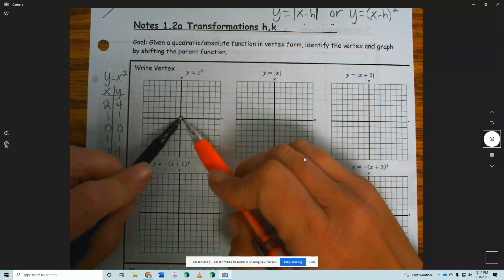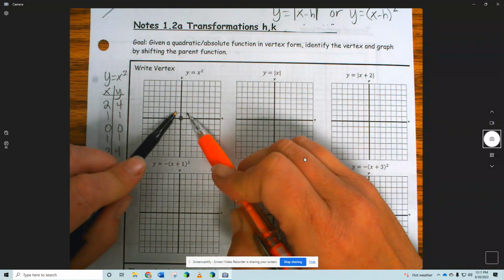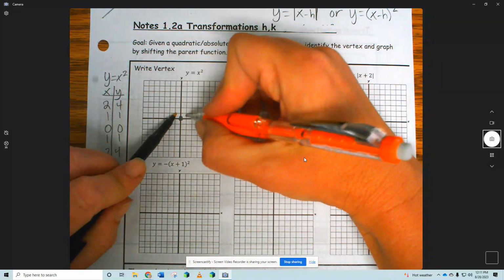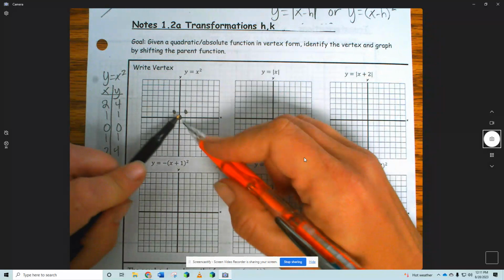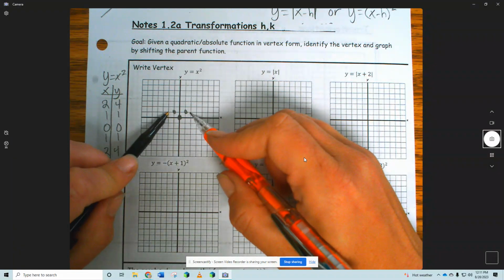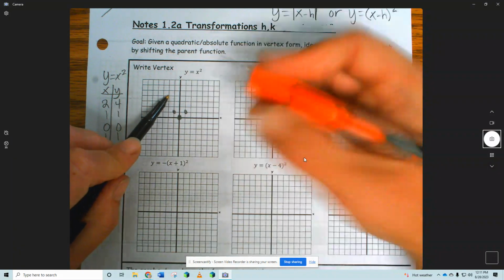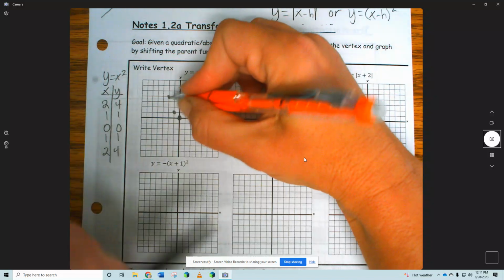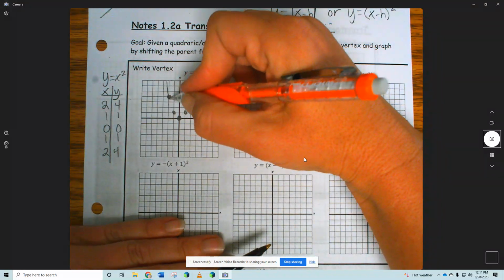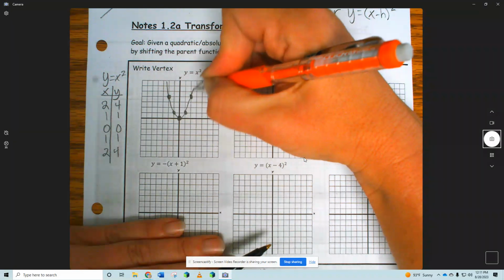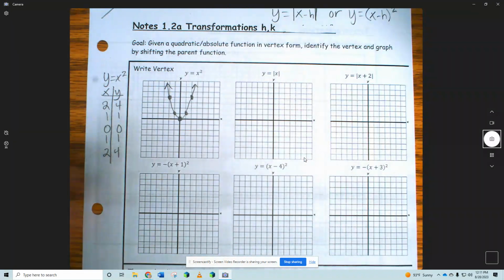Over 1, up 1. Make a dot like that. This is a parabola, U-shaped. From my vertex, over 2, up 4. Curved at the bottom as well.